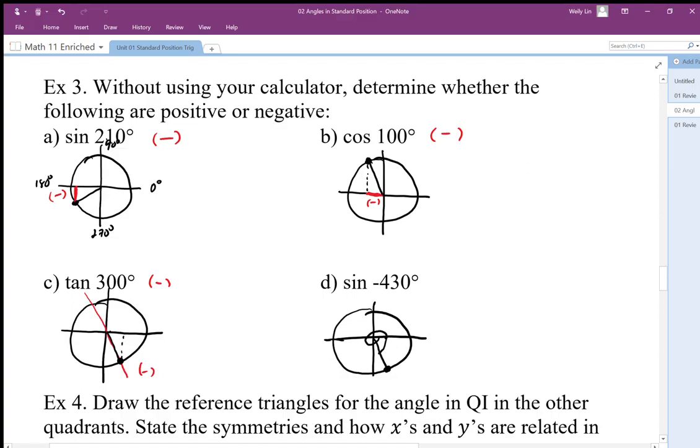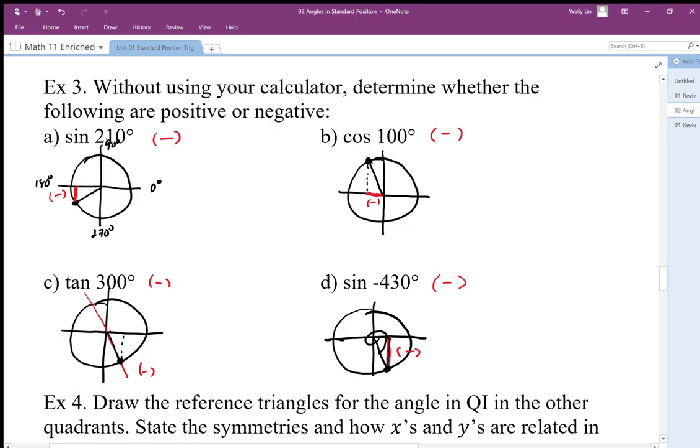Again, the location of the point is what's important. That position is going to be located by that point. The sine has to do with the y positioning, and we know that the y positioning is negative in that quadrant. So we know the sine value is going to be negative.